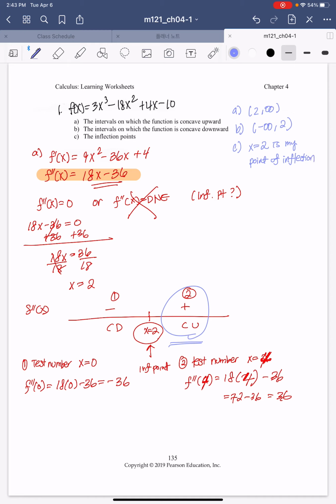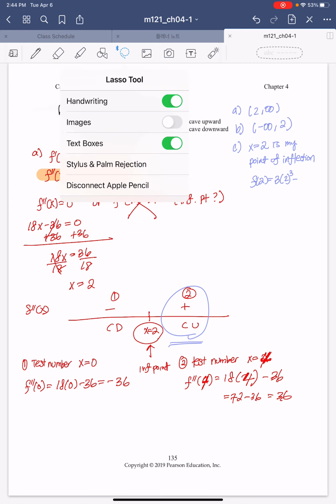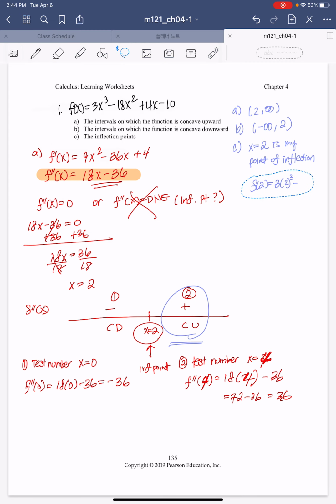And then because it's an inflection point, we can actually get an ordered pair. Just like when you find the local min or local max, we use the number and plug it into the original function. So let's plug it in. That is 3 times 2 cubed minus 18 times 2 squared plus 4 times 2 minus 10.